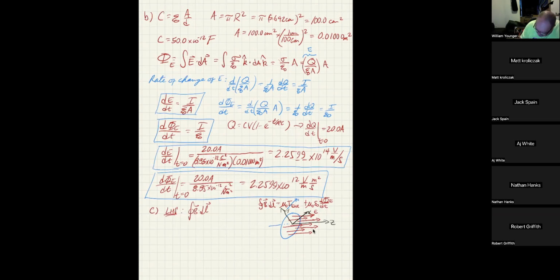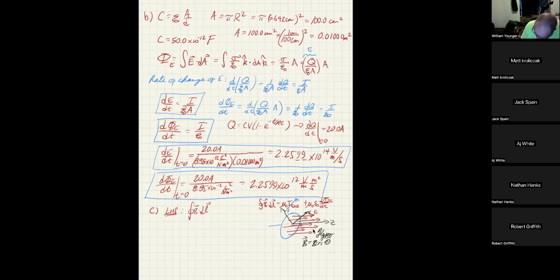So my hypothesis is B is equal to B of r times theta hat. And then of course the electric field is in the k hat direction, and that should make sense.